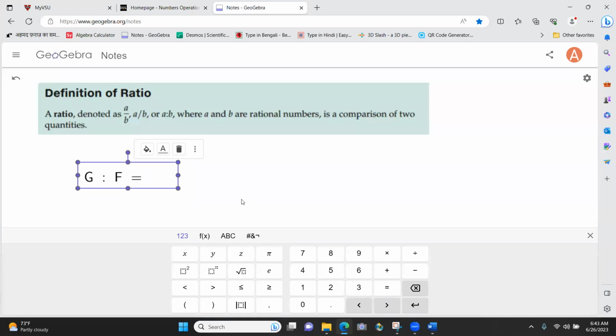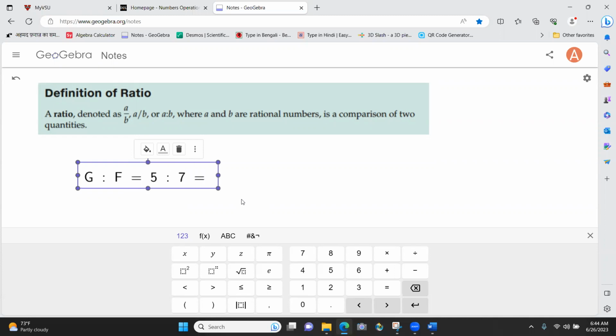The number of students born in Georgia was 5, not exactly 5, we are going to get to it, 7. Okay, for every 5 students born in Georgia, 7 were born in Florida. Doesn't mean there were exactly 5 students who were born in Georgia. Doesn't mean there were exactly 7 students who were born in Florida.